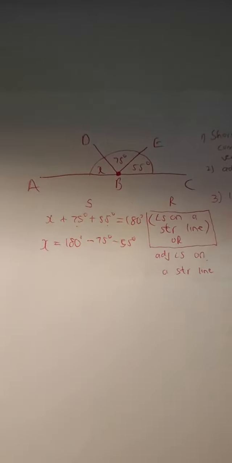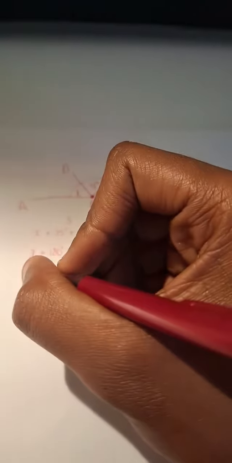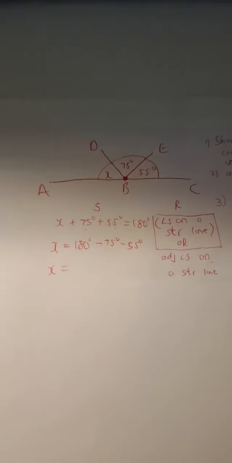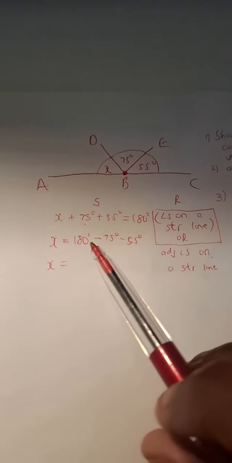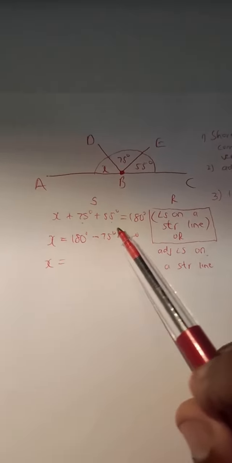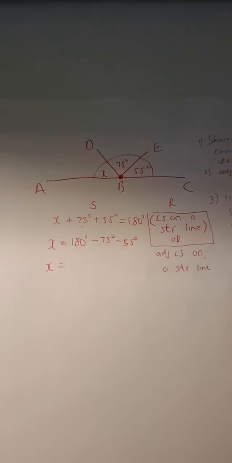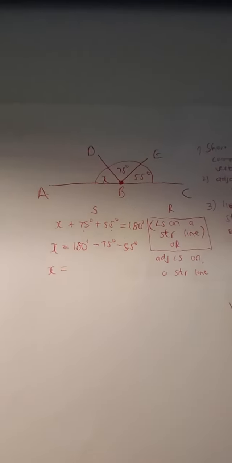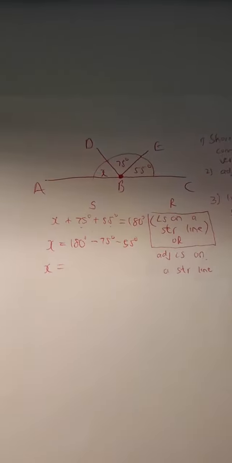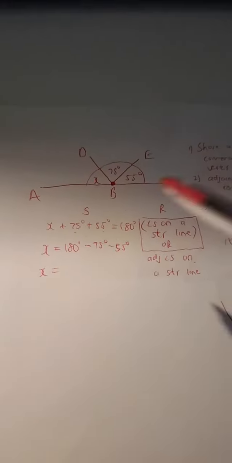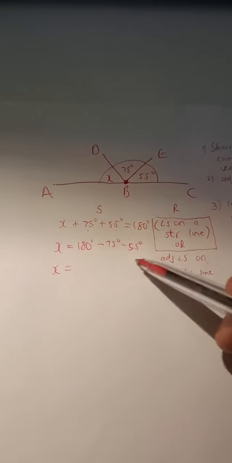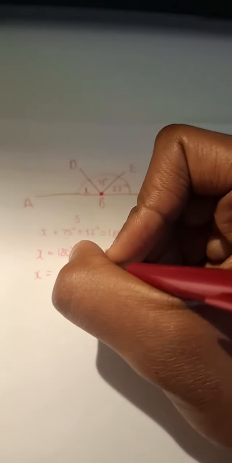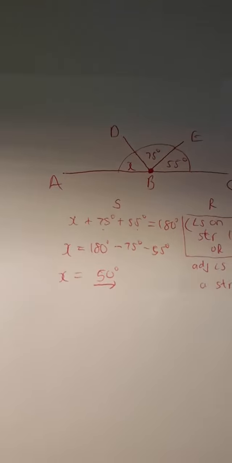The 55 becomes negative 55. And then when you solve for those values, you can subtract 75 and 55 from 180, and you should then get the answer. Okay, so this is 180 minus 130, which is actually equal to 50 degrees. So that is the value of X.